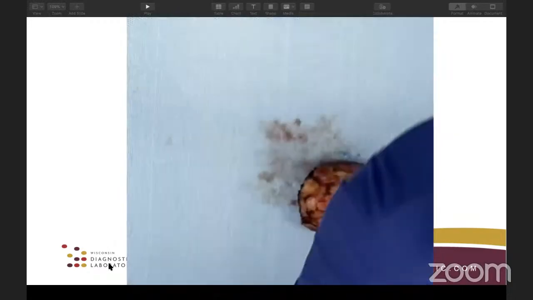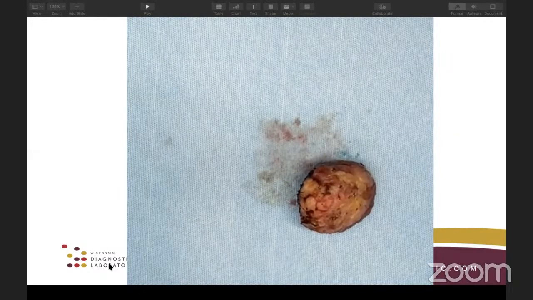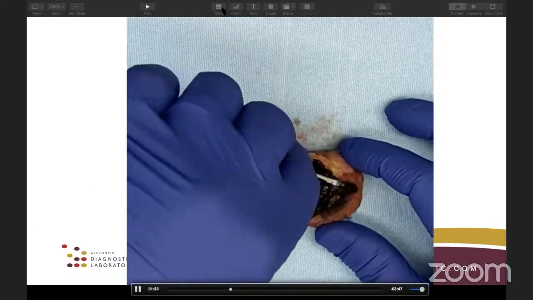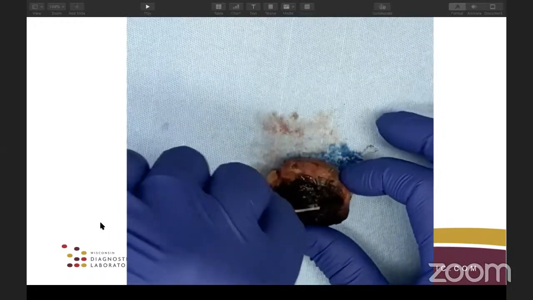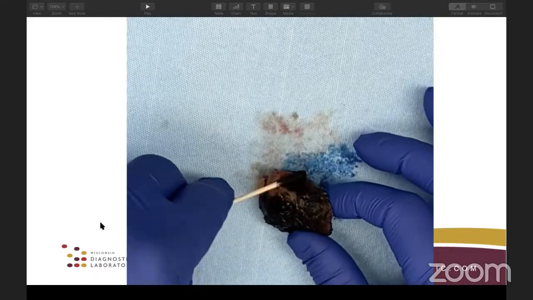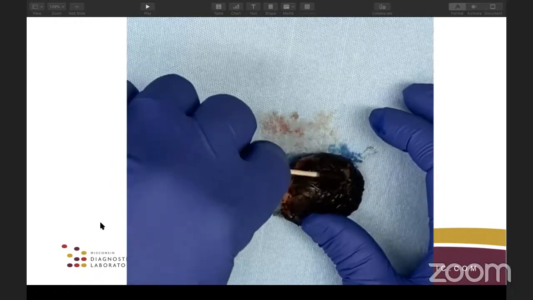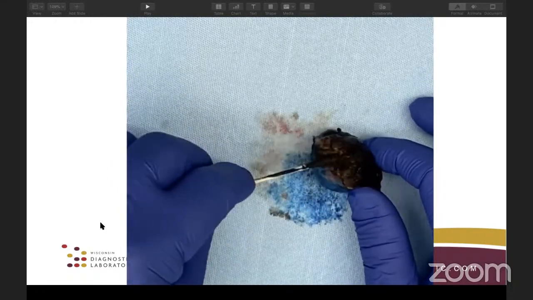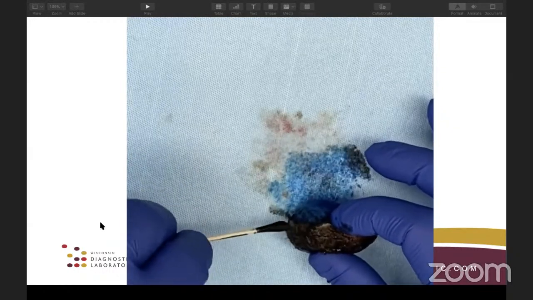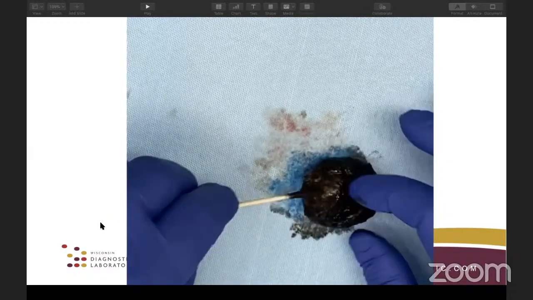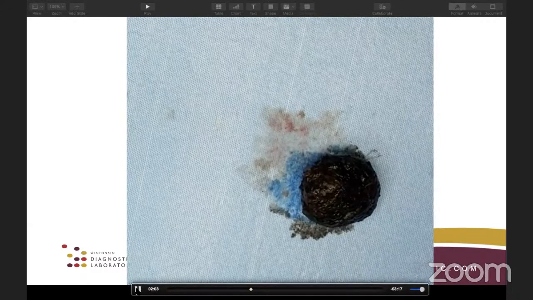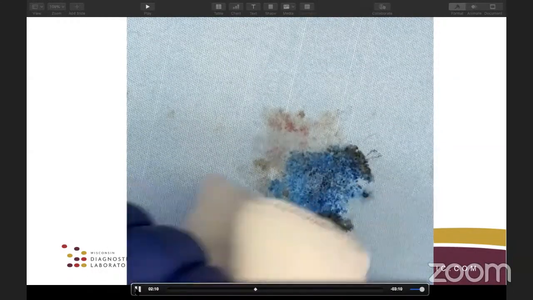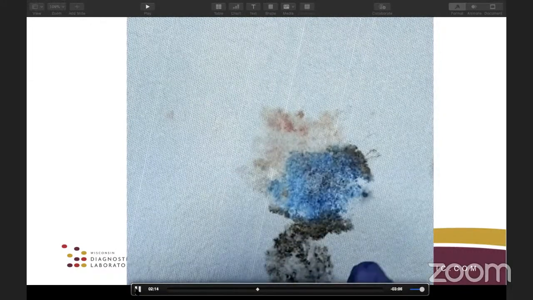And then the resection margin, we're going to ink that black. Okay, so that was the mordant. Dry out the specimen.